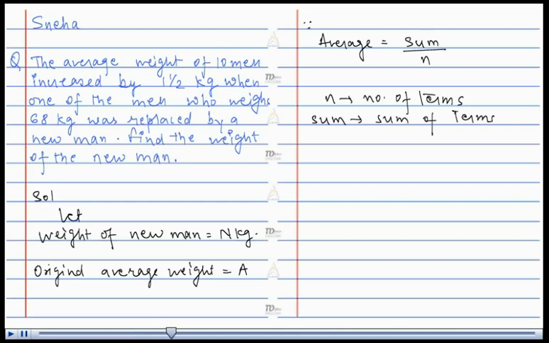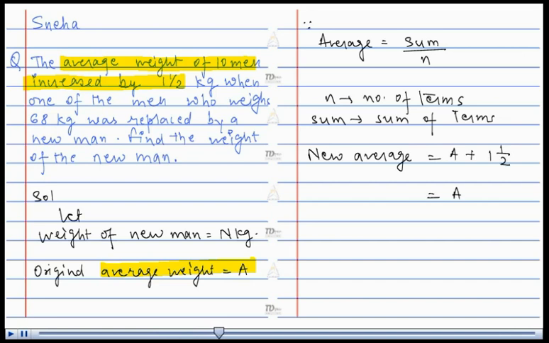It is given in the question that the average weight of 10 men increased by 1.5 kg. If the original average is A, then the new average changes to A plus 1.5.